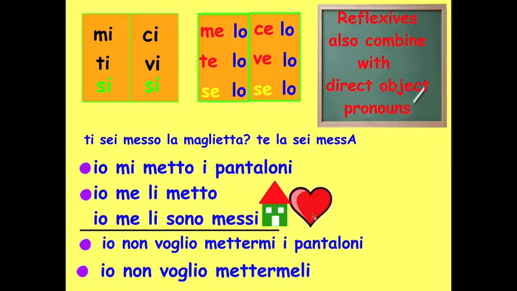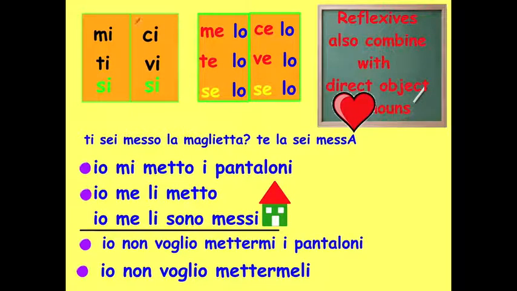So which one wins? The object wins. Okay, so here we have ti sei messo la maglietta? Sì, te la sei messa, referring to maglietta. So remember, you have two things that could technically take the agreement. The one that wins is the object. Va bene? And this is a quick reminder. Of course, if you have an infinitive, for example, with the verb volere, io non voglio mettermi i pantaloni, io non voglio mettermeli.